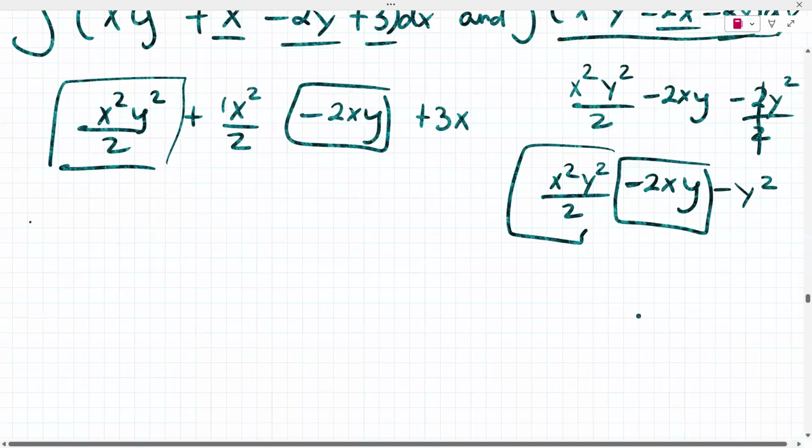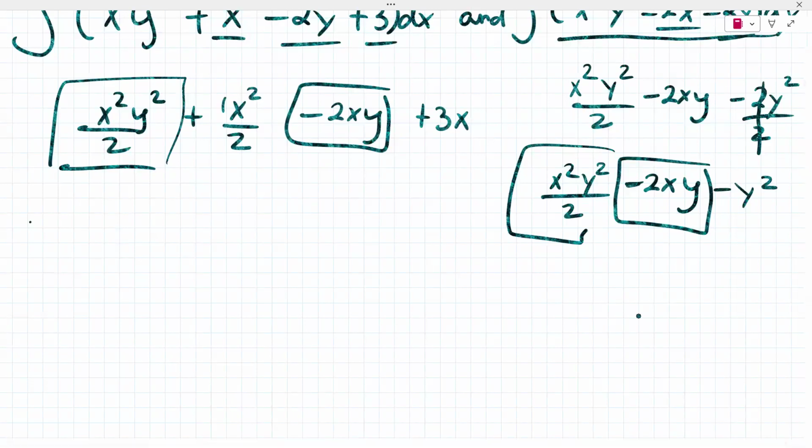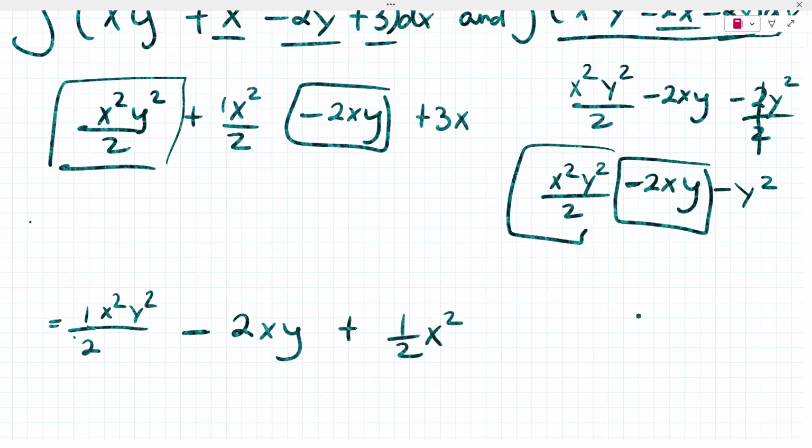So it's going to be 1/2 x squared y squared minus 2xy plus 1/2 x squared plus 3x minus y squared equals c.